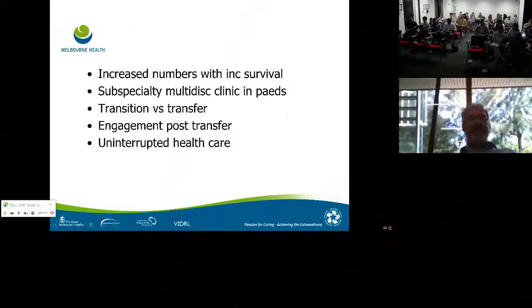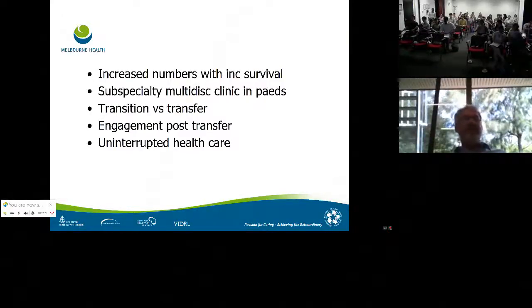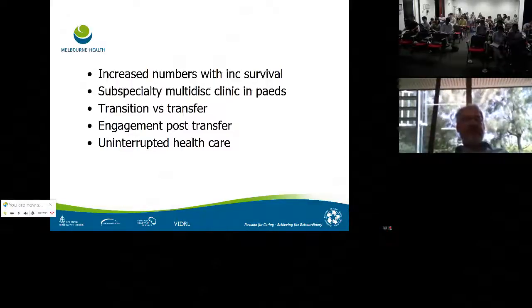So we're getting increased numbers with increased survival. And in the paediatric clinics, they're often multidisciplinary with paediatricians, developmental paediatricians, or paediatric rehab specialists these days. Often neurology is very much involved, neurosurgery, orthopedics.